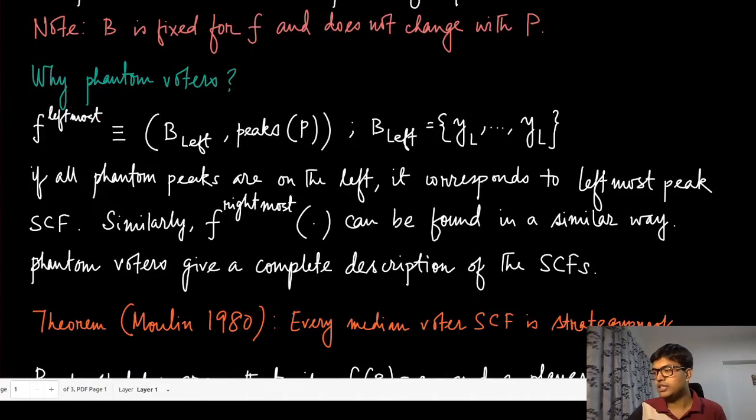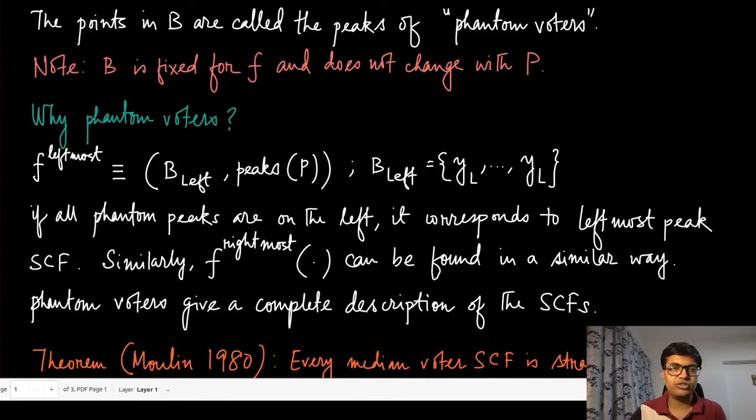That is the reason why we have introduced phantom voters, so that we can look at all these mechanisms collectively. So it's not only a single social choice function; it's a collection of social choice functions. But they have this property that by adjusting the phantom peaks appropriately, you can output different kinds of medians, different kinds of peaks as the final outcome.